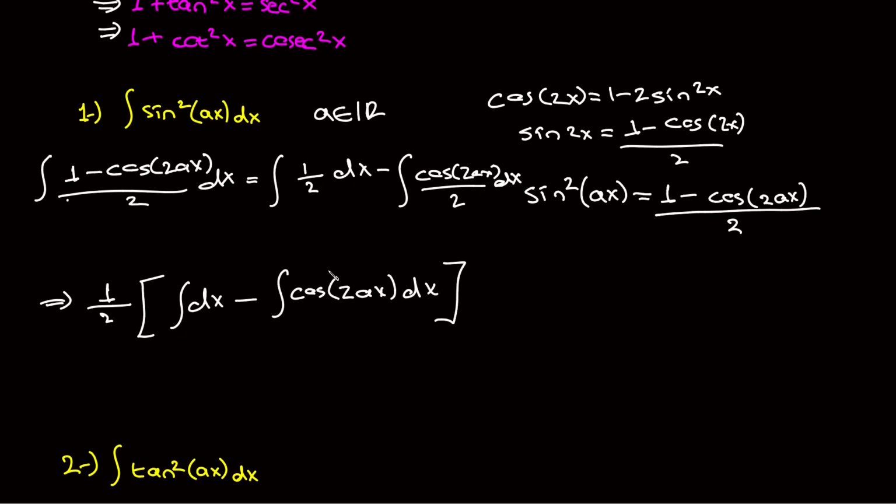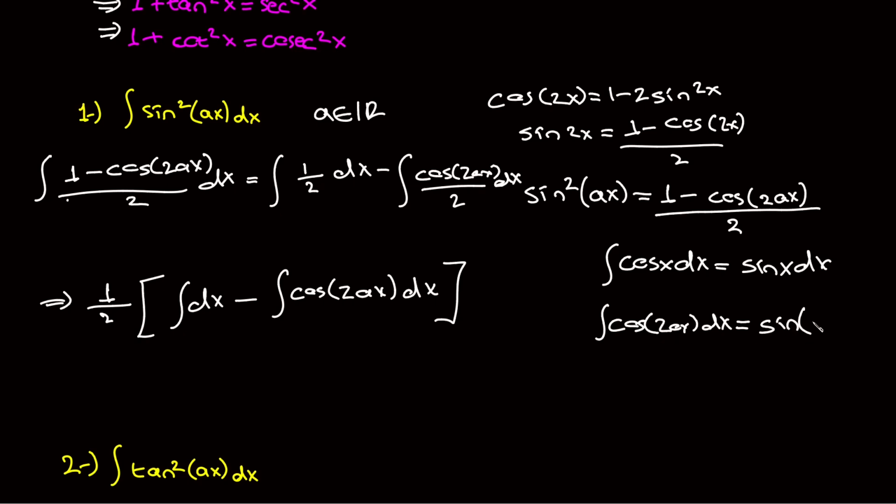The question is, what is the integral of cosine of 2ax? I know that the integral of cosine of x dx is sine of x. So the integral of cosine of 2ax dx will be sine of the inside, 2ax. When you differentiate the inside, you get 2a. So if I differentiate this function, I multiply with 2a. Therefore, I need to divide by 2a.